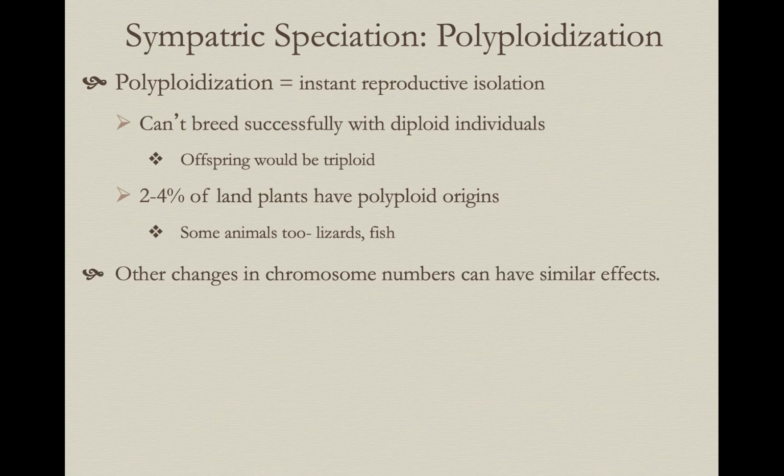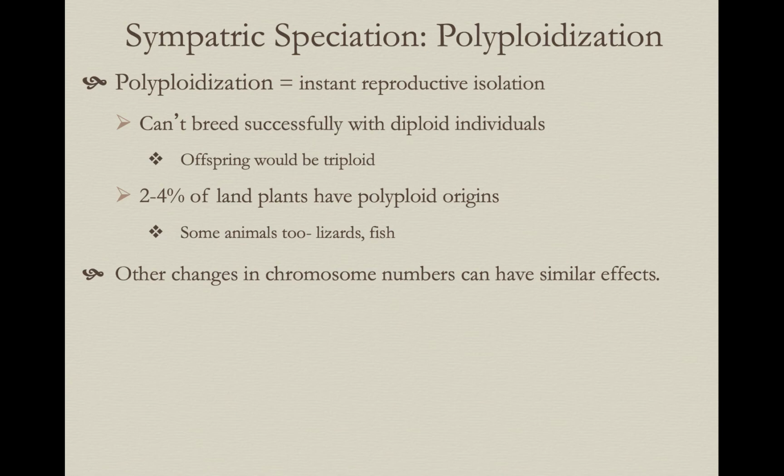Other chromosome changes could have similar effects. So if you have a merger, say, of two chromosomes into one, then you're changing the chromosome numbers again, and that could lead to the inability of individuals that don't have that mutation to mate with individuals that do. Now, I don't have a slide for it, but there's another way that you could get sympatric speciation. We talked about it earlier.